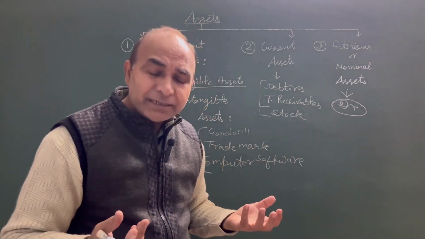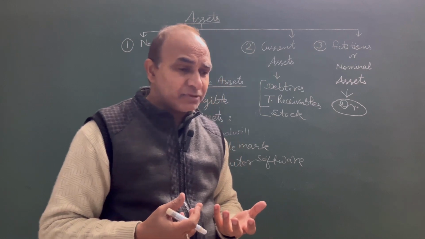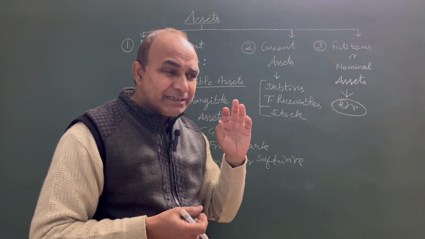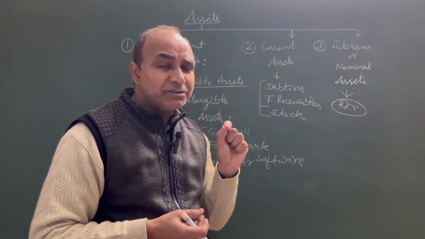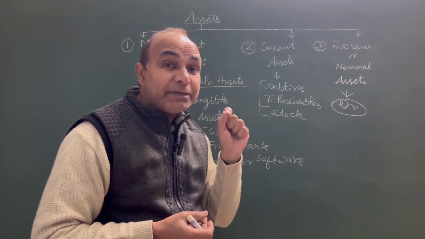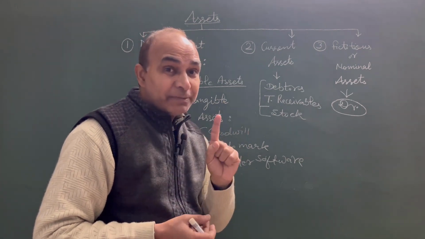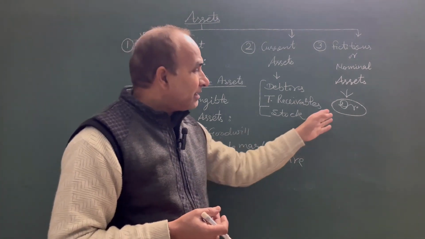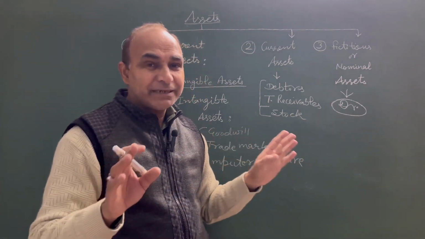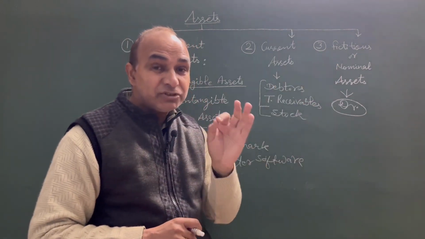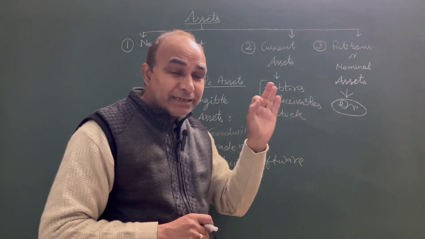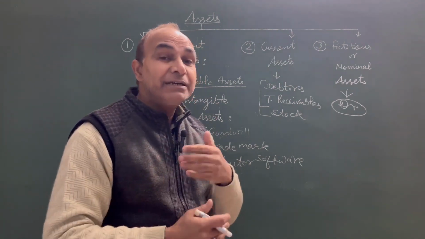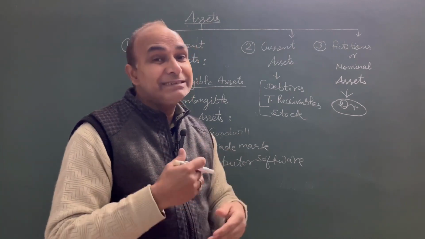When we prepare the balance sheet, there are some items which are shown on the asset side because they have a debit balance but cannot be sold in the market until their debit balance is written off. It means these are shown in the balance sheet till the time they are not cancelled from the books of accounts, and there is a process of writing off and cancellation of these assets.